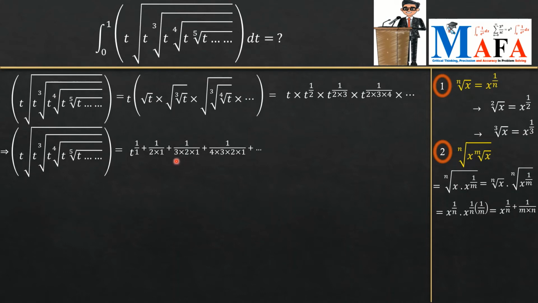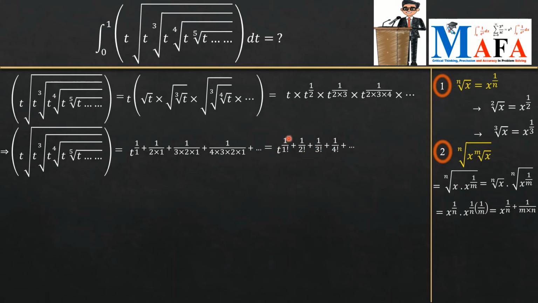The fourth power is 1 over 4 times 3 times 2 times 1, and so on. So we get 1 over 1 factorial, because we can identify the denominators as n factorial: 1 over 1 factorial, 1 over 2 factorial, 1 over 3 factorial, 1 over 4 factorial, and so on and so forth.